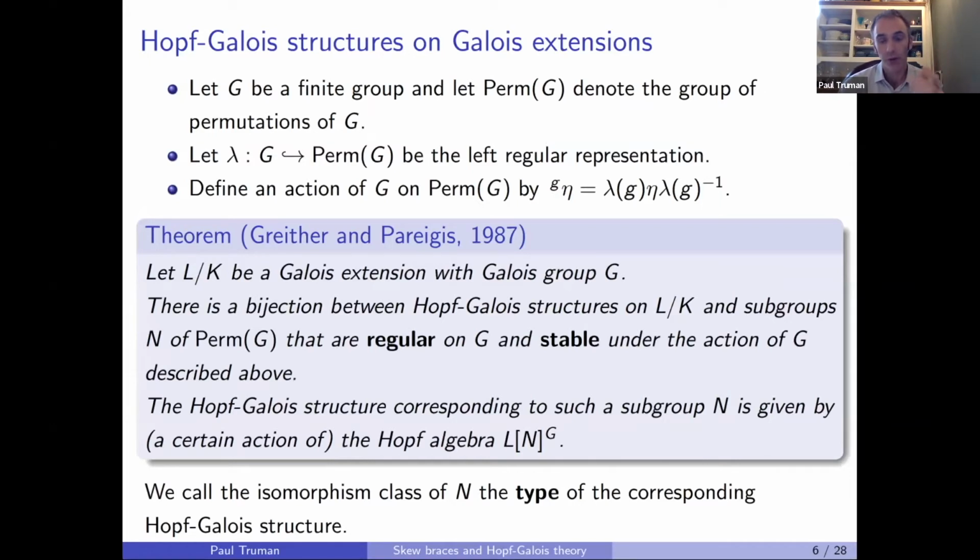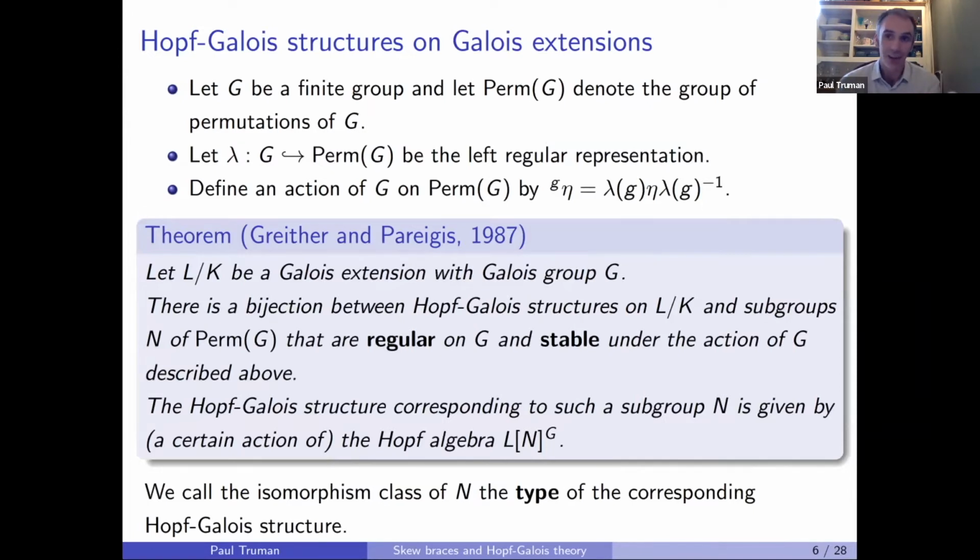So if you've got one of these subgroups N, you form this group algebra L[N], so that's an L-Hopf algebra, and then you take fixed points under a certain action of G. So you let G act on this group algebra by acting on L as the Galois automorphisms, acting on N via this formula in the third bullet point.